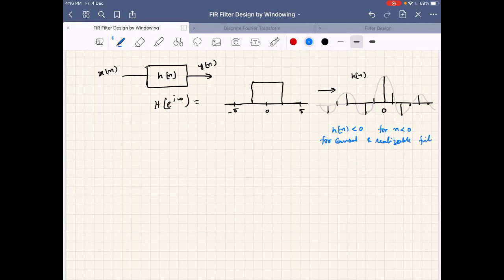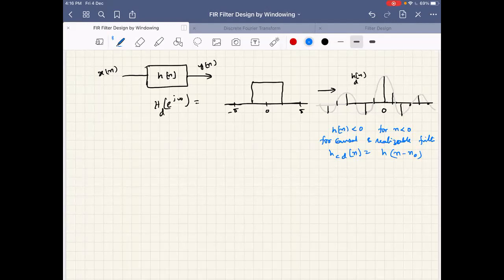For that reason, as we discussed, we shift the desired impulse response. In fact, this is the desired impulse response; to have a desired causal impulse response, we generate from this hd of n minus n naught. In fact, this n naught is equal to half of the filter length, the impulse response length.